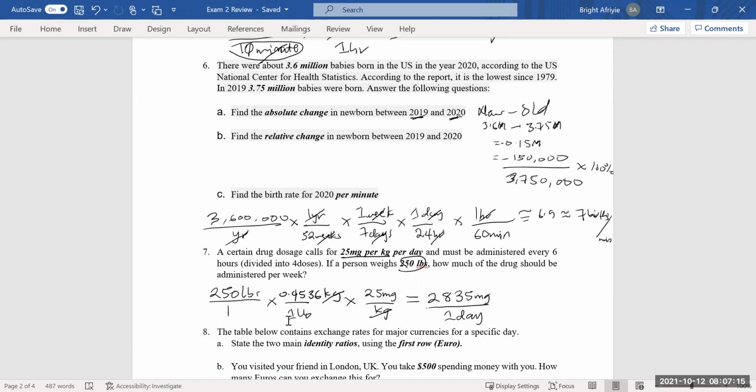So that is how you do it. So this gives you how much per day. The question is, we should find how much of the drug should be administered per week. Okay, so if you want to do that, what do we do? So you notice that we have to change this.